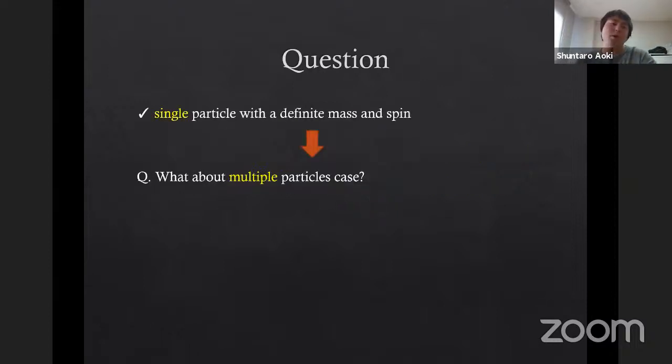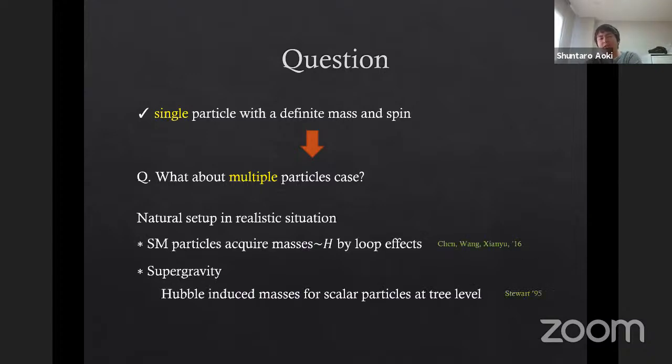Now we understand well the signal of a single particle with a definite mass and spin. As a next step, it is natural to ask about the multiple-particle case. This is not just one possible extension, but a more natural setup in a realistic situation.